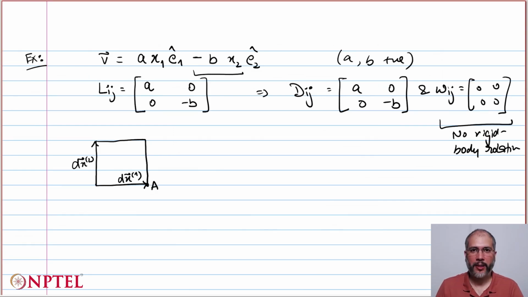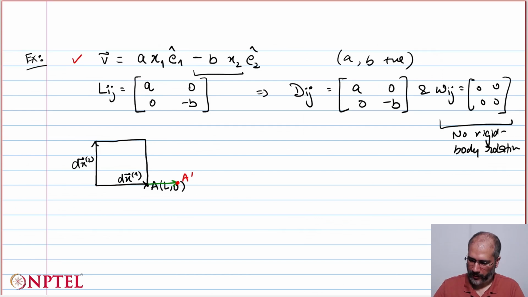So now if we take this point A, which has coordinates (L, 0), if I look at the velocity field, I see that the velocity for this point A is along the e1 hat direction, because x2 is 0 for this point A, and that is A times L. So this point A will tend to move to the right like this and reach a point, let's say this point A prime.